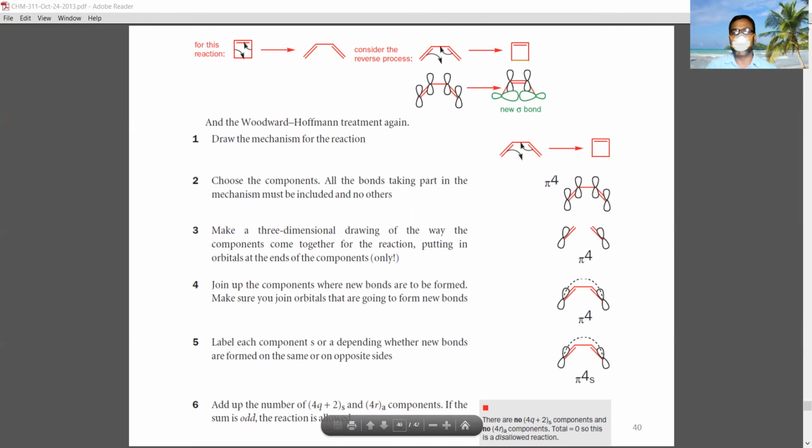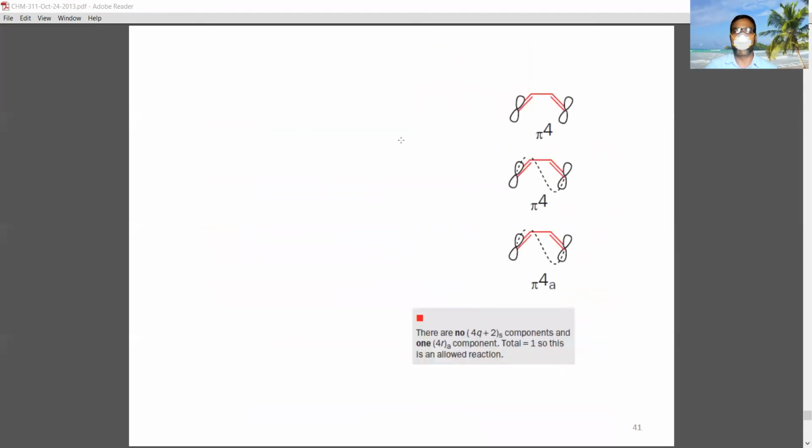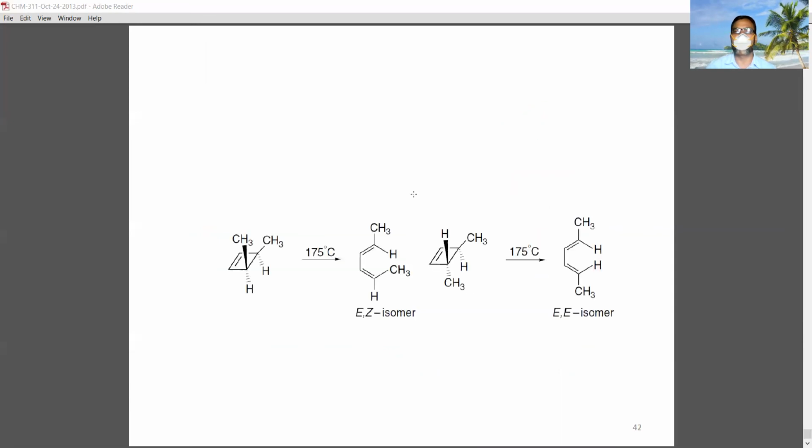Total 0. So this is a disallowed reaction. With the help of the Hoffmann tool, you can see here pi 4, pi 4 antarafacial. So there are no 4q+2s components and one 4ra component, total 1. So this is an allowed reaction.